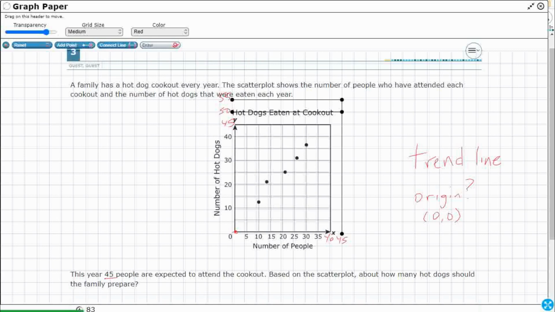What I'm going to do is draw as straight a line as possible, capturing the points. I'm going to try to go above here, but below here. The last three are almost lined up, so I want to use that. I'm just going to draw it straight up here and see what I get. All right, so that's pretty close. You notice I went above the one at 10 people, a little bit below the one at like 13 or 14 people.